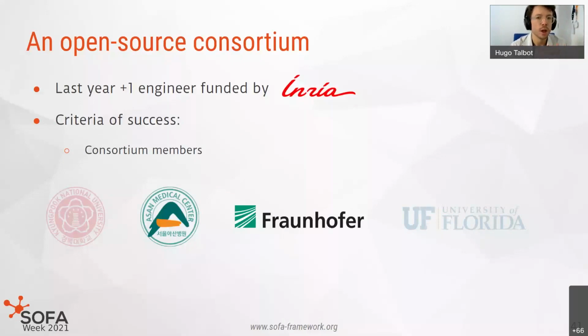For that, we need more consortium members, meaning partners supporting SOFA that use SOFA up to a point that they decide to support us. It can be an amount of money which is not negligible for a research institute, but it's up to 5,000 euros for technical memberships, and it helps us a lot, because the more members we have, the more engineers we get dedicated to SOFA.